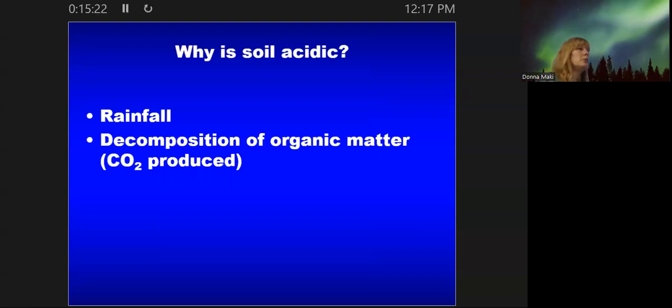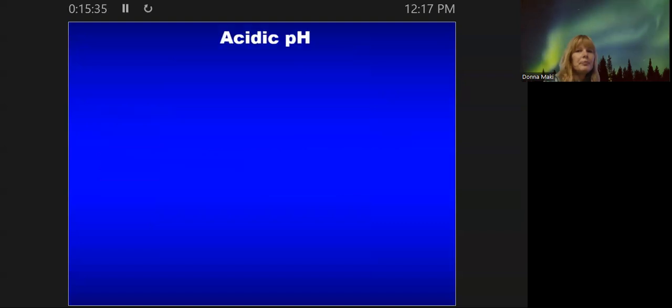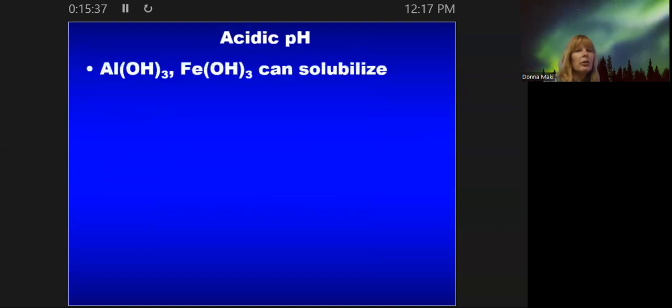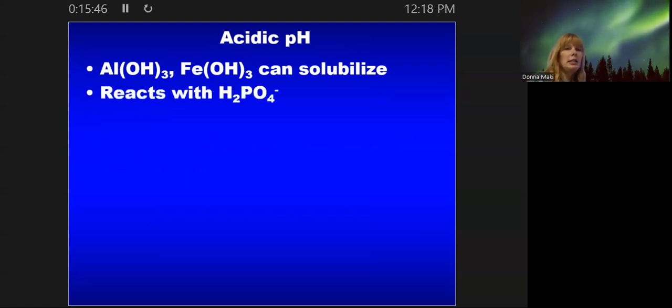And so they give off CO2, just like we do. And once you react CO2 with water, you do get H+, which will make your pH drop, get more acidic, right? So acidic soil is good in the sense that it allows for good solubility of many of the minerals that plants need.